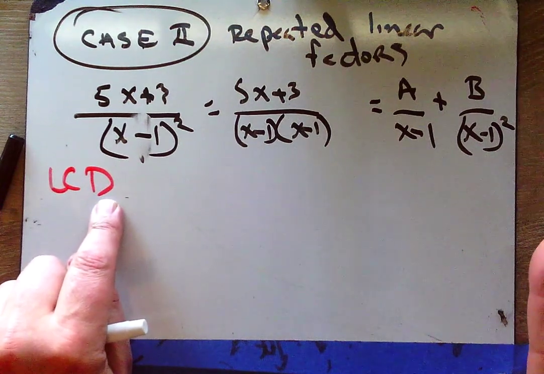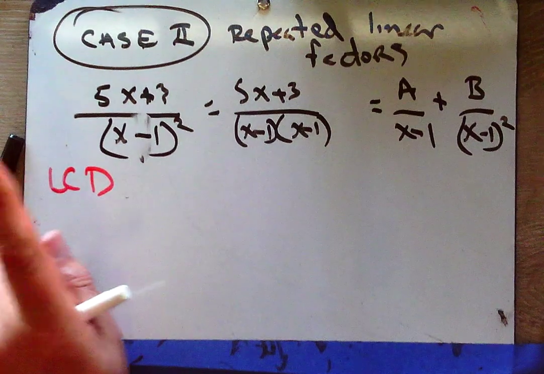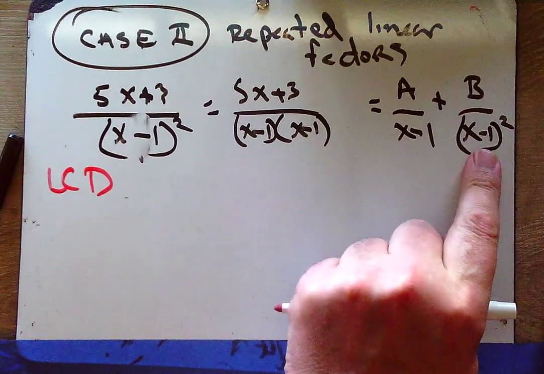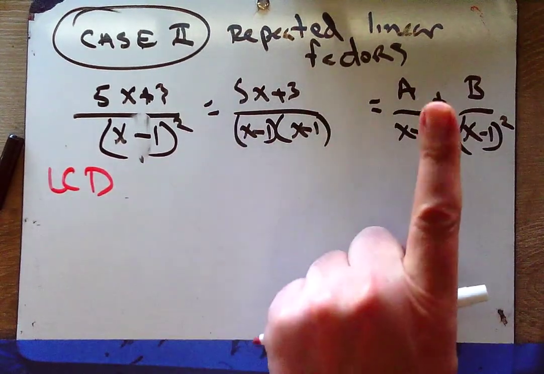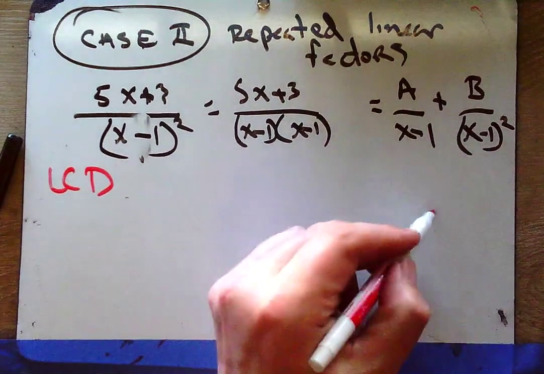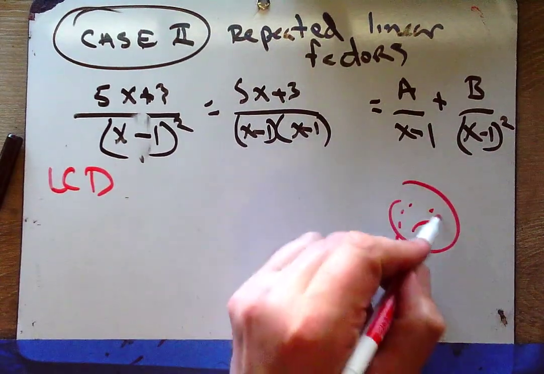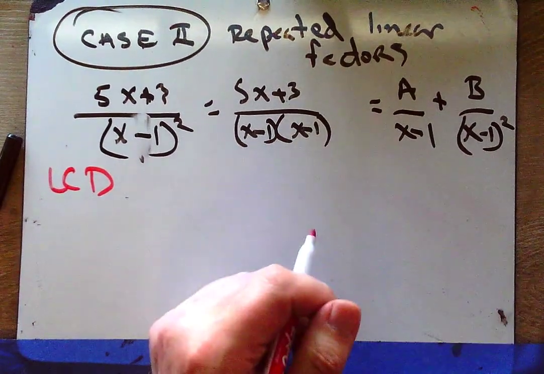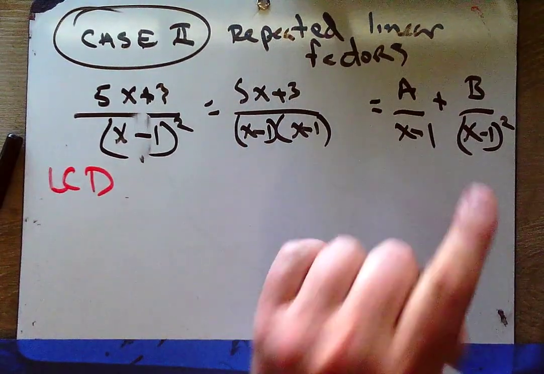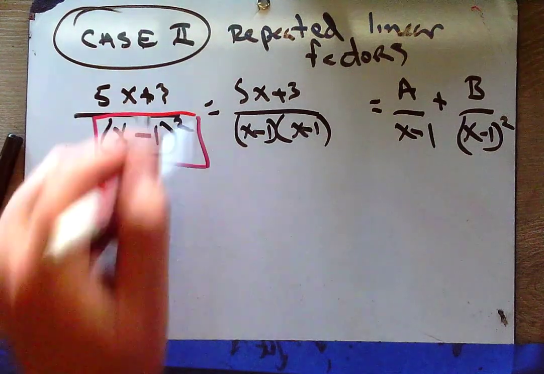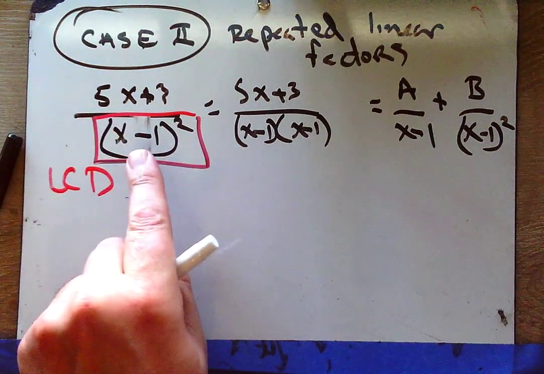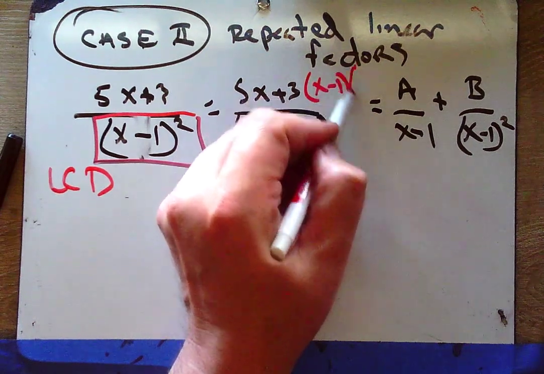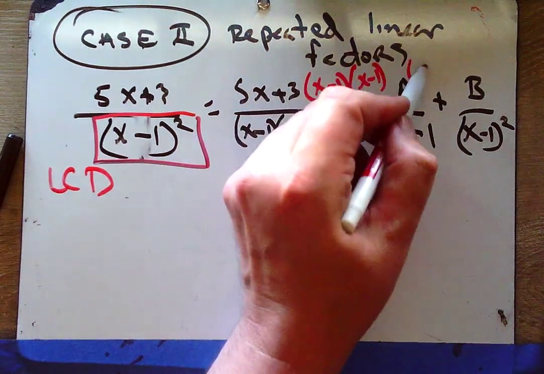And my least common denominator is not this times this. If you multiply everywhere by this times this, you are going to bring tears to a small child. No, bad, don't do it. That's not the least common denominator. Right here, that's our least common denominator. I'm going to multiply everywhere by x minus 1 times x minus 1.